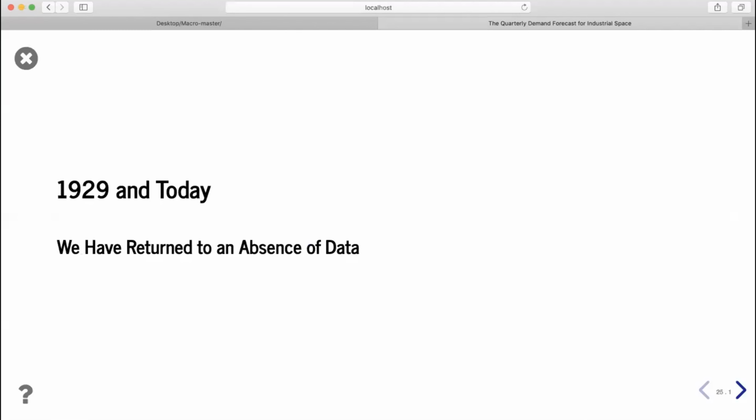So I would argue the similarity between 1929 and today should be fairly obvious. We have returned to an absence of data.